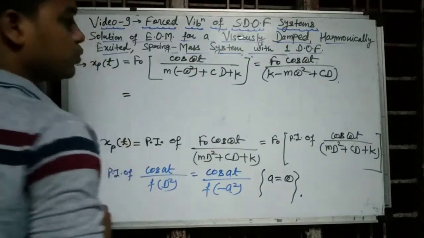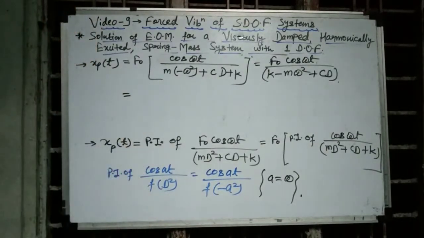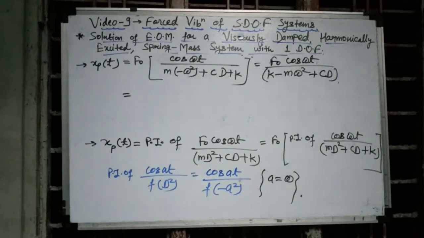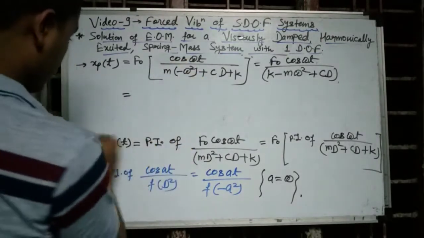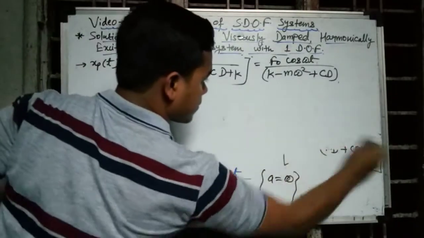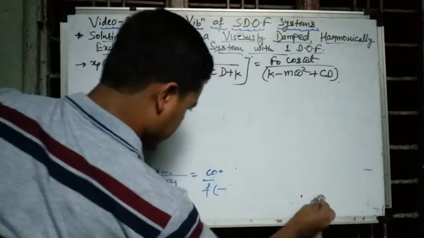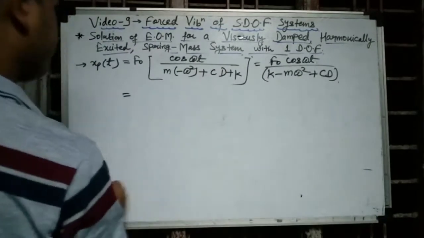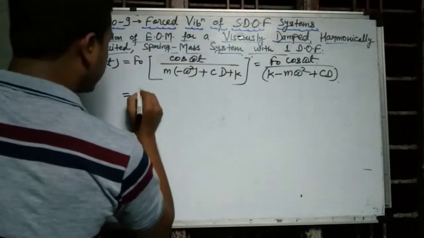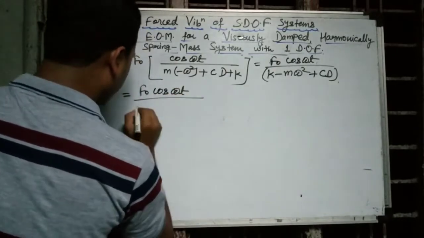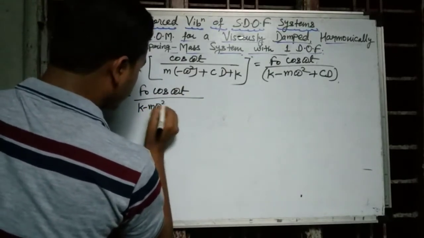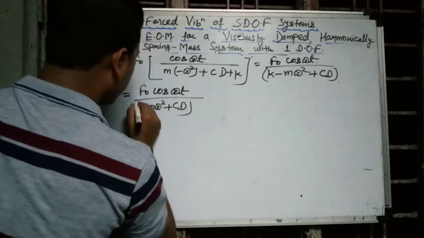Now what I am going to do, I'm going to write this as f naught cos omega t by k minus m omega square plus CD.